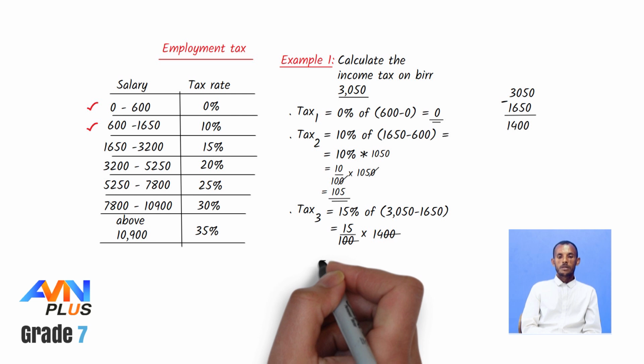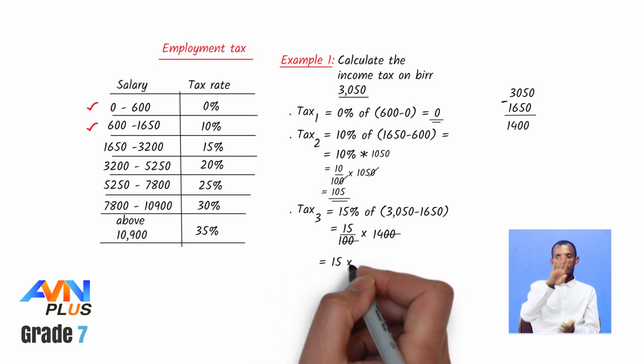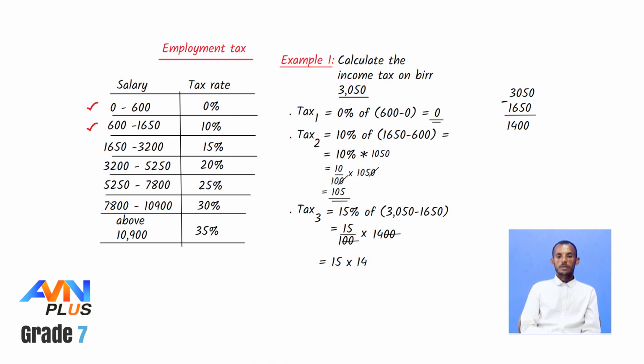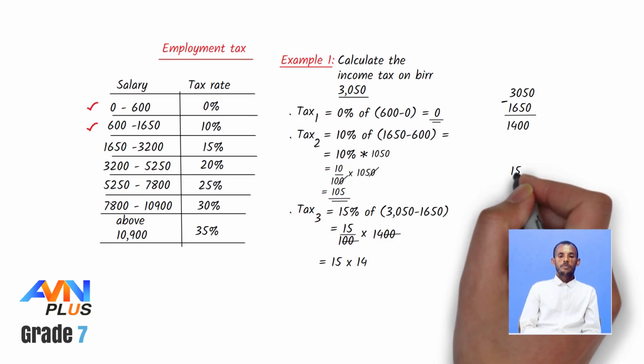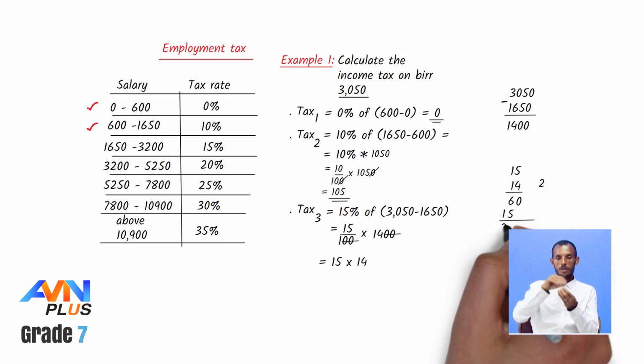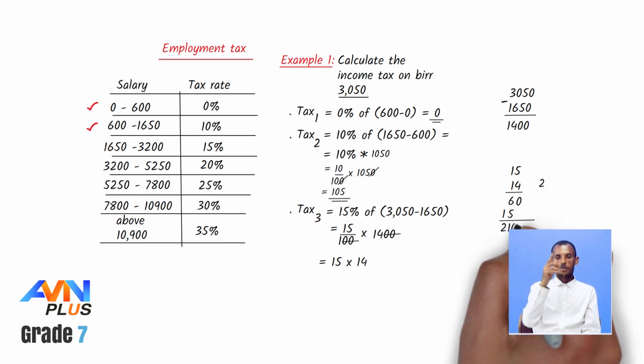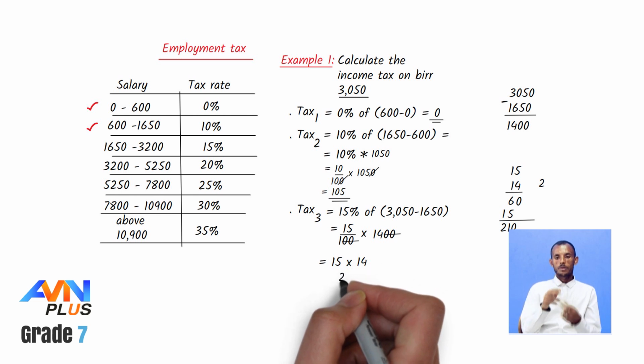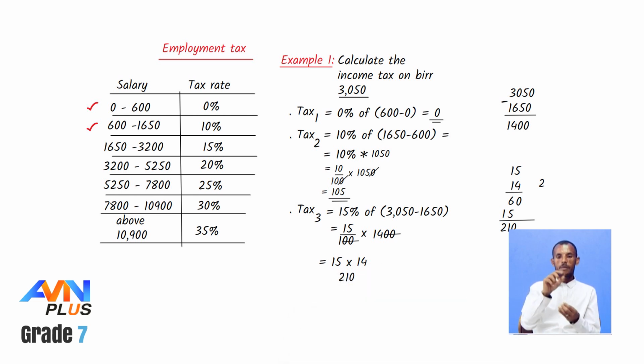So this will be 1,400. Cancel zeros, and you have 15 times 14. Let's multiply these two. 4 times 5 is 20, 4 times 1 is 4, plus 2 is 6, then 1 times 5 is 5, 1 times 1 is 1, 6 plus 5 is 11, so 210.